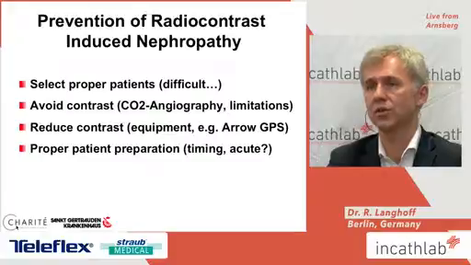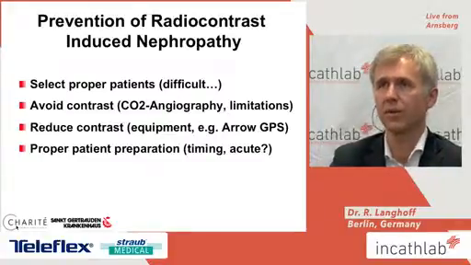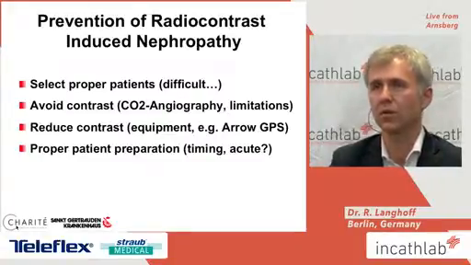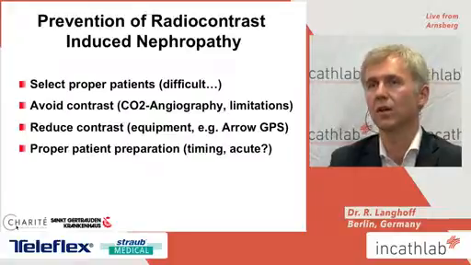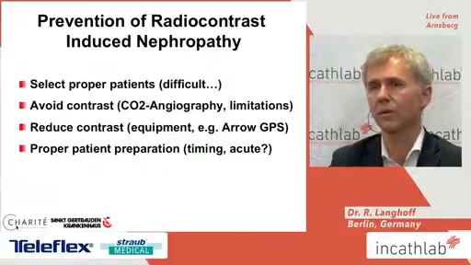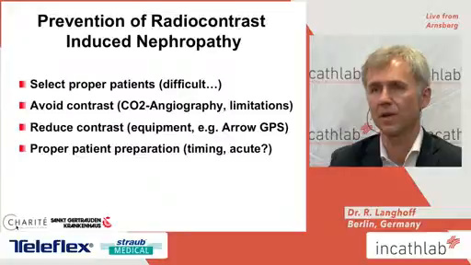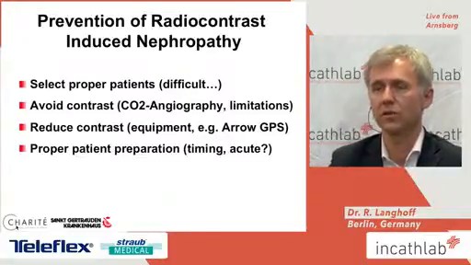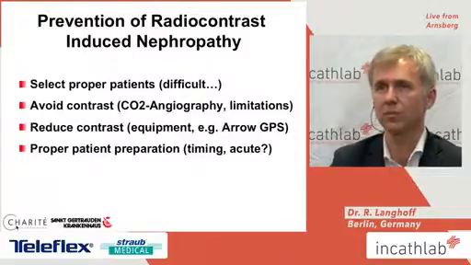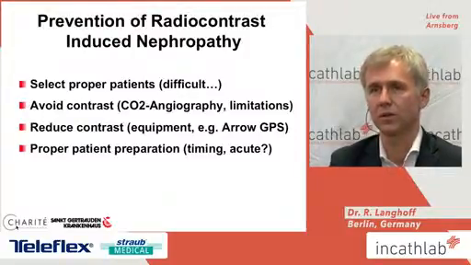You can reduce the contrast. This is strongly dependent on the equipment and on the technology you are going to use: long sheaths going directly into the popliteal, and maybe also using the Aero GPS catheter, which also enables us to save contrast because you maybe only need 2 milliliters per shot to have a good image.